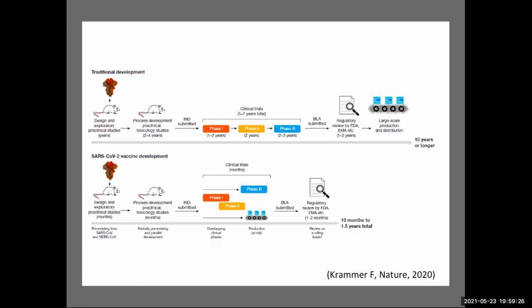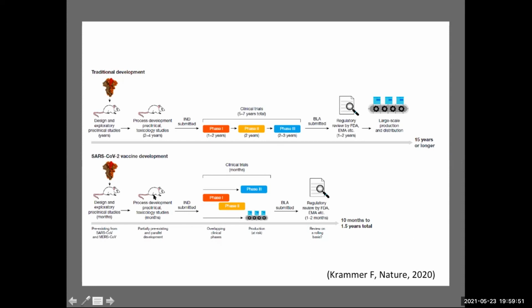But when it comes to the coronavirus, it was developed within, say, less than 2 years. How did it happen? It is not by omitting any of these stages. What has happened here is there was overlapping. That's how the whole process has been shortened to about 1.5 years.